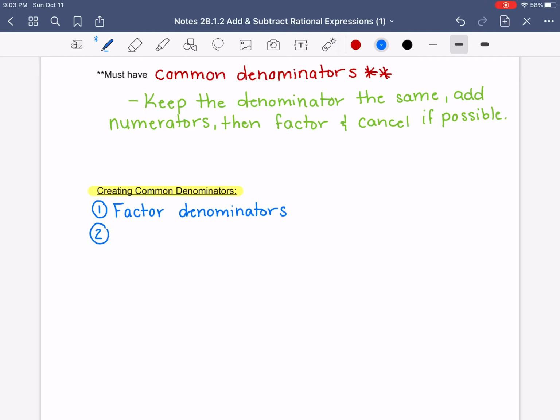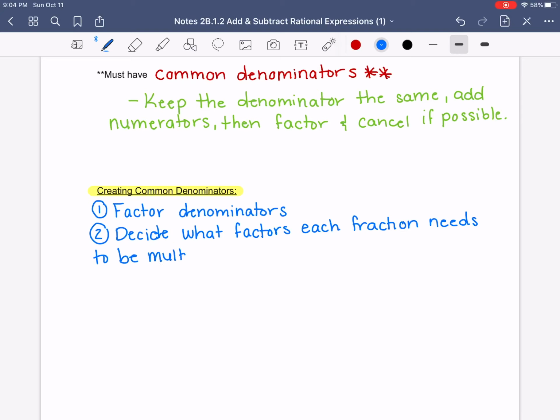The second thing you're going to do is decide which factors each fraction needs to be multiplied by in order to make the denominators the same.